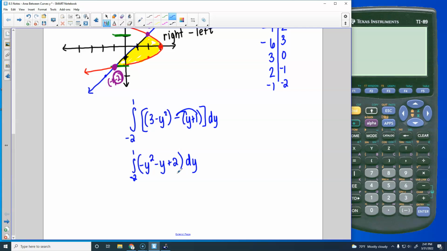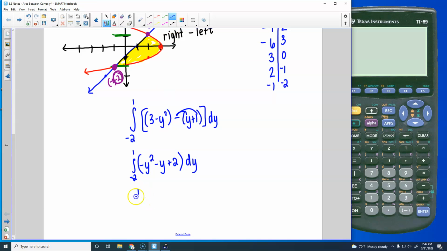It matters a lot whether you're integrating with respect to y. There is a way to integrate this with respect to x. It's much more difficult. You could do it with respect to x, and they would still give you credit for it on the AP exam if you did it correctly. But if you put dx's here, they're going to act like you're trying to do it with dx's, even though you just wrote the wrong thing there. So try to be careful with those.